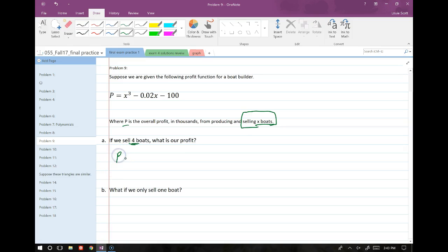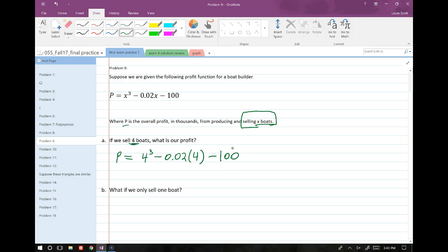So I just calculate it. So P is equal to x cubed. Since x is equal to 4, I calculate 4 cubed, minus 0.02x, right? x is replaced by 4, minus 100.